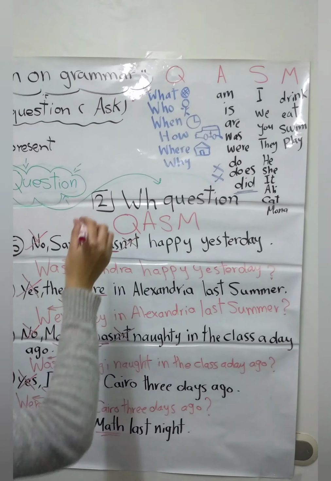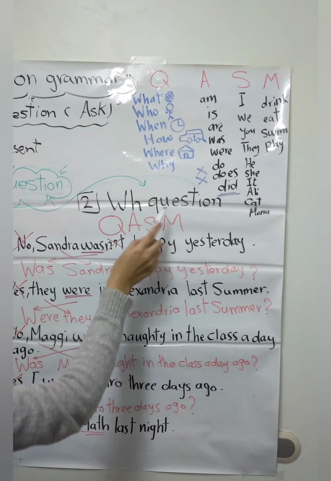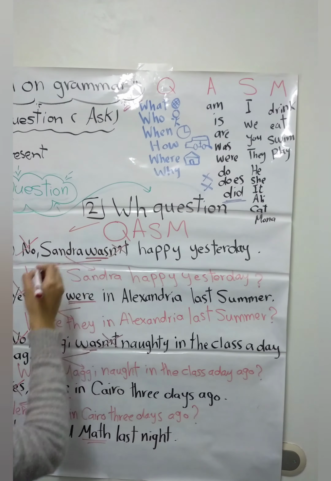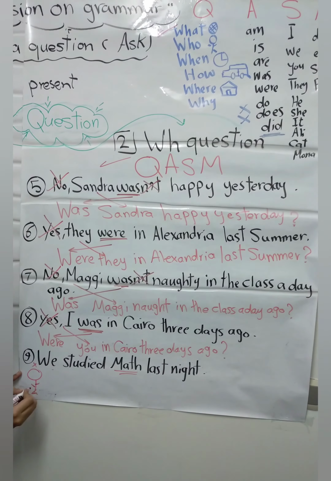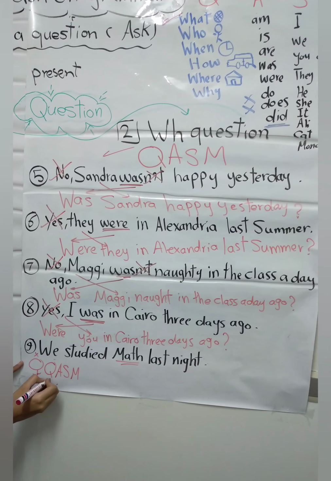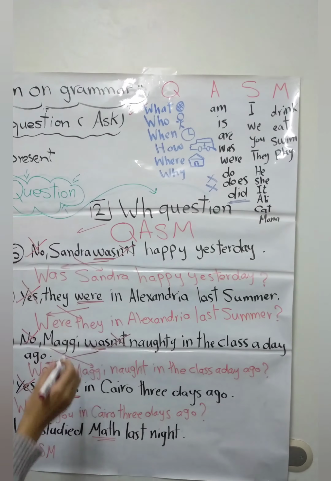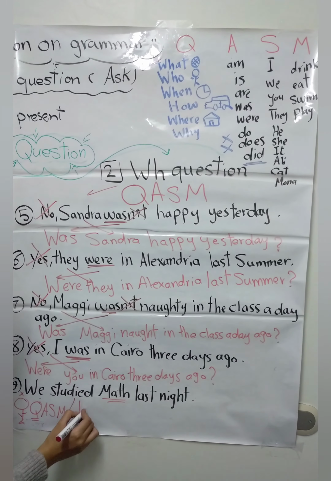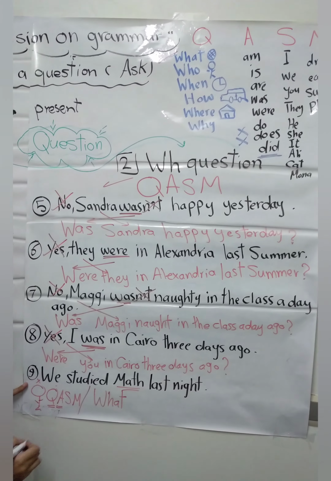Okay. Here we have our friend Qasim. Yes or no, or WH question. Our friend Qasim. So put here our friend Qasim: Q-A-S-M. Q refers to question word, what. Number 2, auxiliary verb.